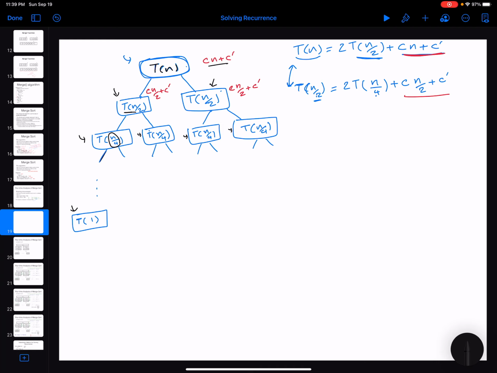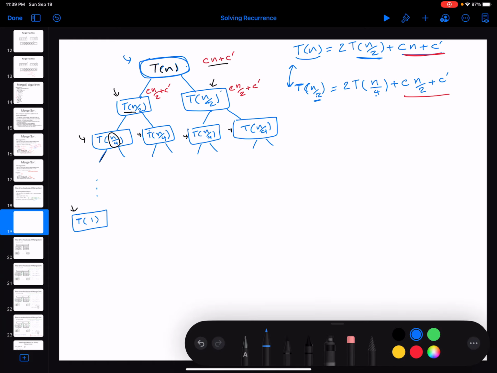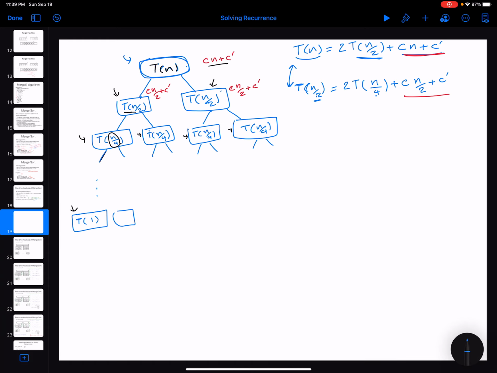So at the end, you are going to calculate how many of these boxes, which are the function calls, are going to be executed, and for each one, how much time has been spent.